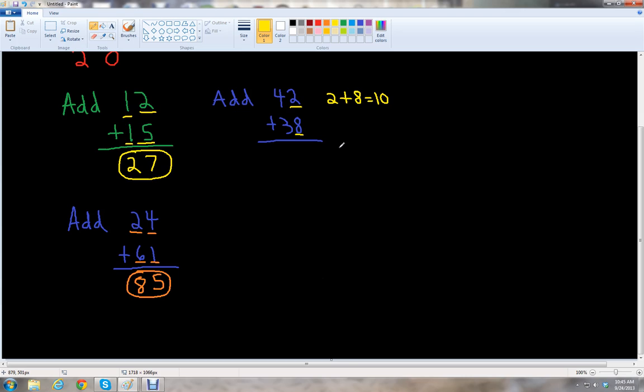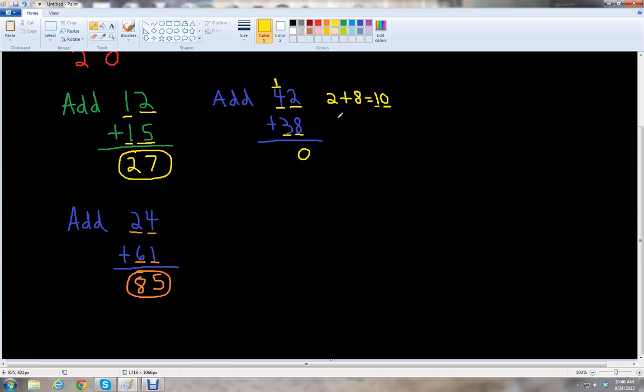Well, the rule is going to tell us that since this is the ones place, we're going to write the ones digit of 10, that's 0, and then we're going to carry the tens digit, and that's going to be our 1. So we're going to carry the 1. And then you're going to add these three digits, 1, 4, and 3 together.